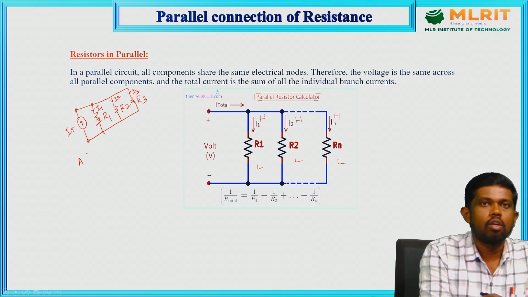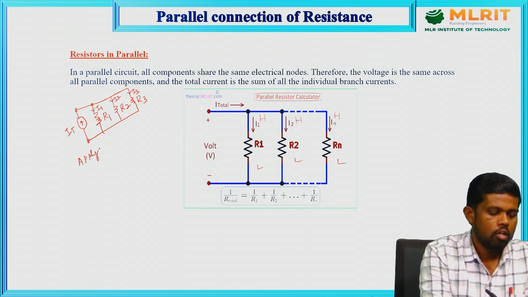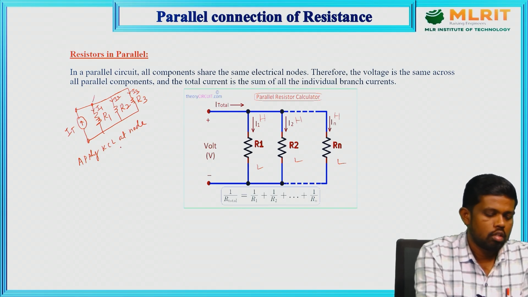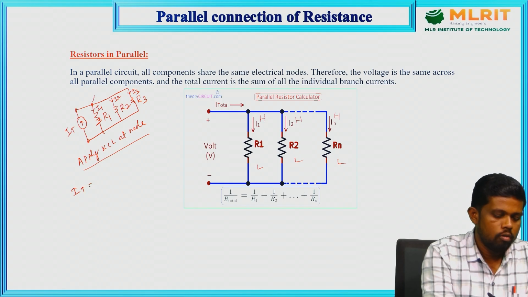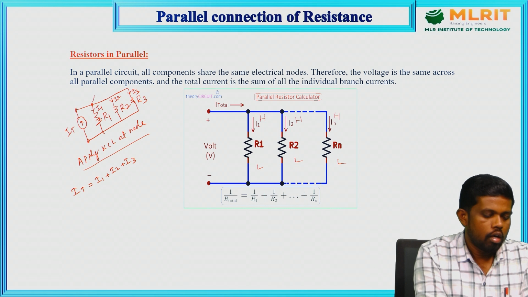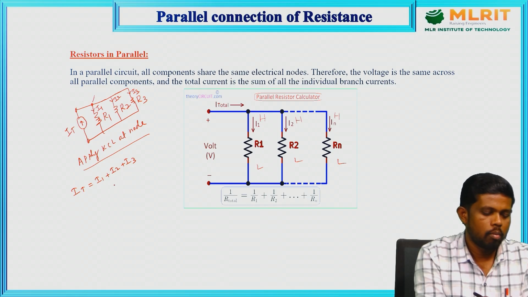To get the effective resistance of this connection, we apply Kirchhoff's current law (KCL) at the node point. At a node point, the algebraic sum of the incoming currents equals the algebraic sum of the outgoing currents. According to that, we get I total equal to I1 plus I2 plus I3.